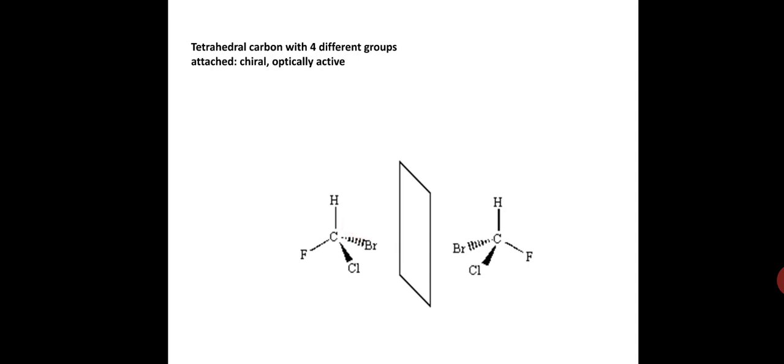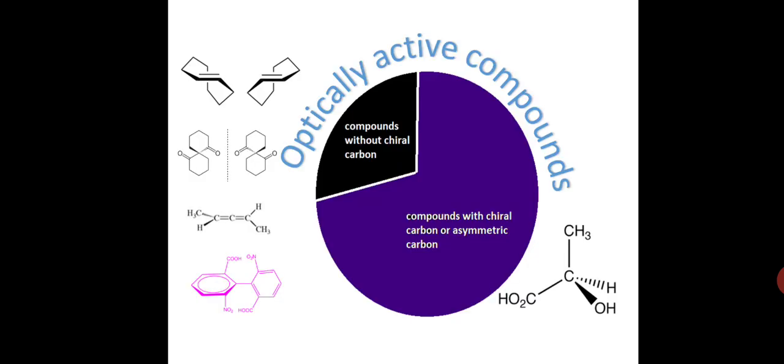This is the simplest kind of explanation that can be given for chirality. However, it has been observed that various compounds which do not have a chiral carbon can show optical activity.